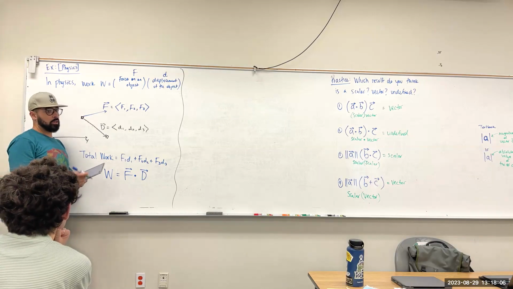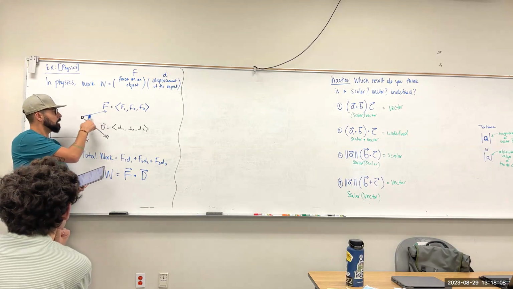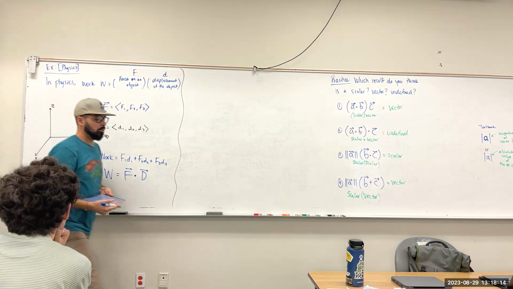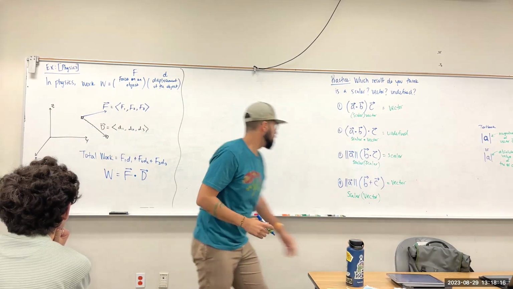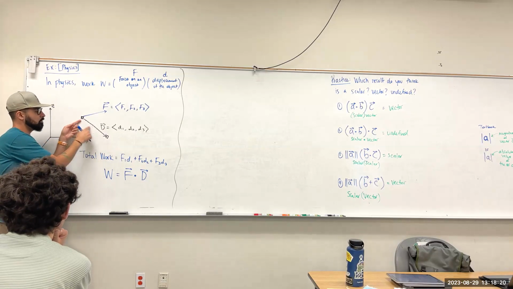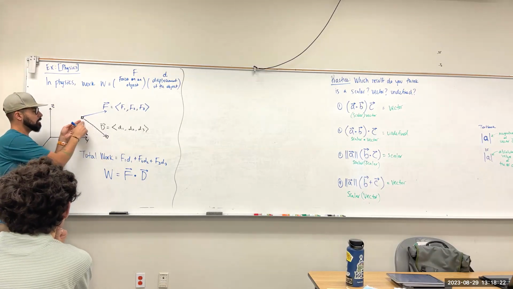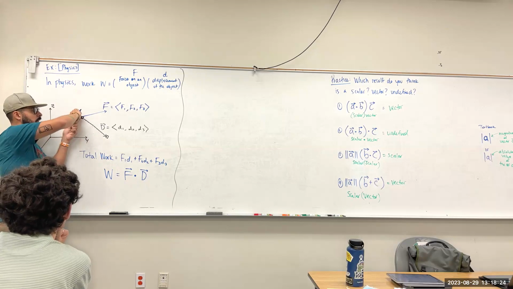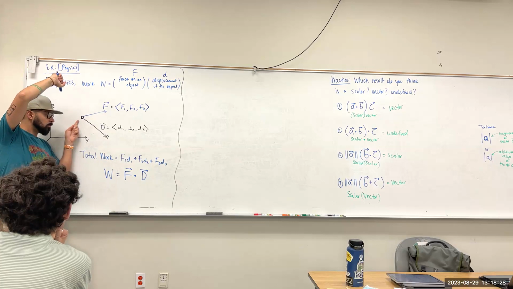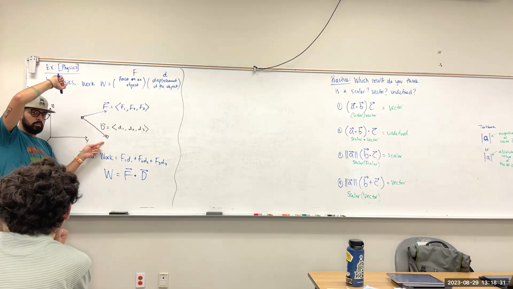Not quite. We're going to see in a little bit that there's this angle in between them. For example, if I want the object to move this way, but my force vector is completely perpendicular to that, then there's no way for me to move it like this.